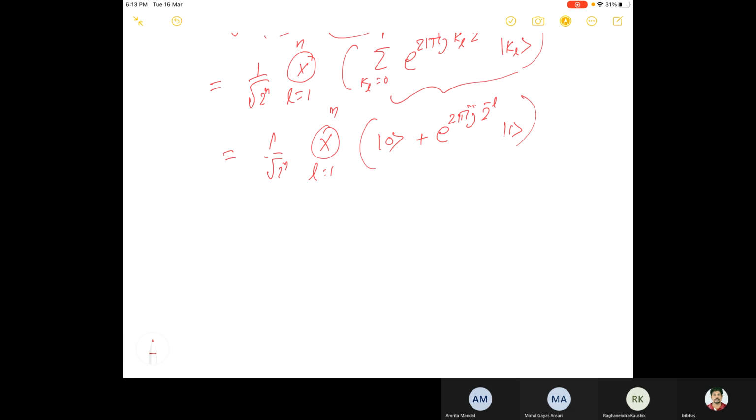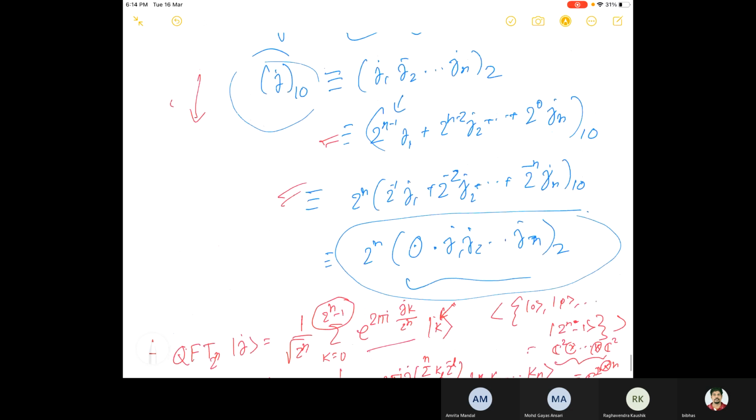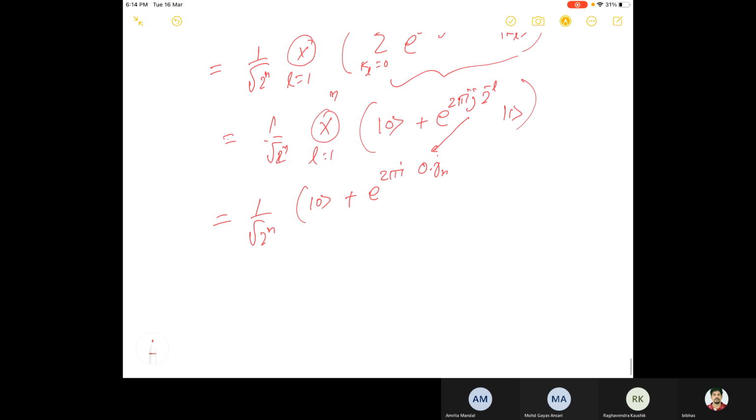So now I will write what is the meaning of j. So now I can write this as a product: 0 plus e to the power 2 pi i 0 dot jn, using this representation of j, times 0 plus e to the power 2 pi i 0 point jn minus 1 jn, dot dot dot, times 0 plus e to the power 2 pi i 0 point j1 j2 ... jn 1.